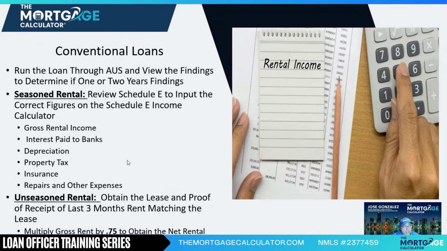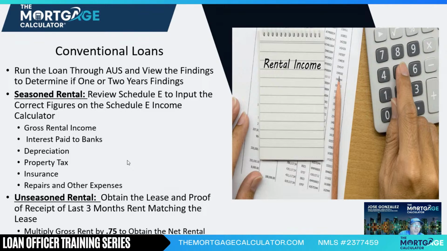Now, a couple other things that are really important to touch on are going to be on the expenses in the Schedule E, and items which you may need to add back if it's appropriate. So interest paid to banks, right? That's only going to appear there if the borrower had financing on the property. So interest paid to banks is always going to be added back to the Schedule E income calculator, because the assumption is that the interest that's being paid to the bank is taken into consideration in the monthly payment that we have in our schedule of liabilities.